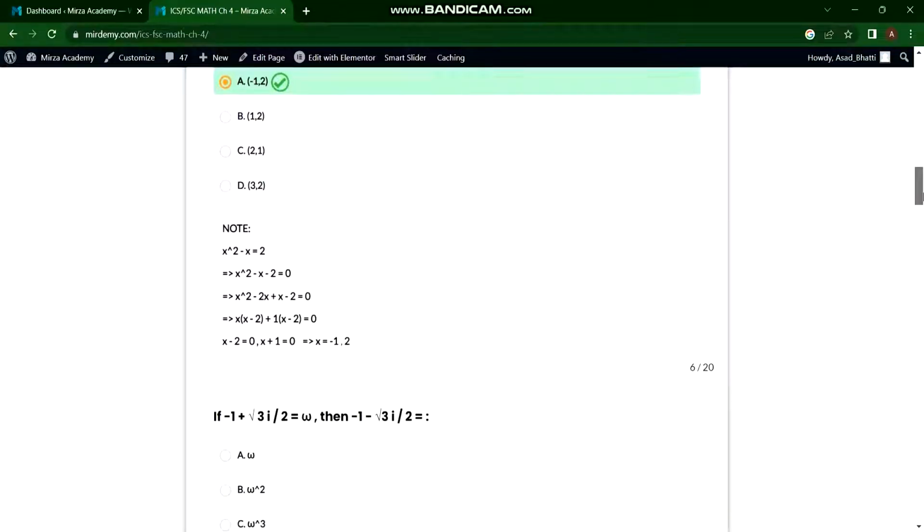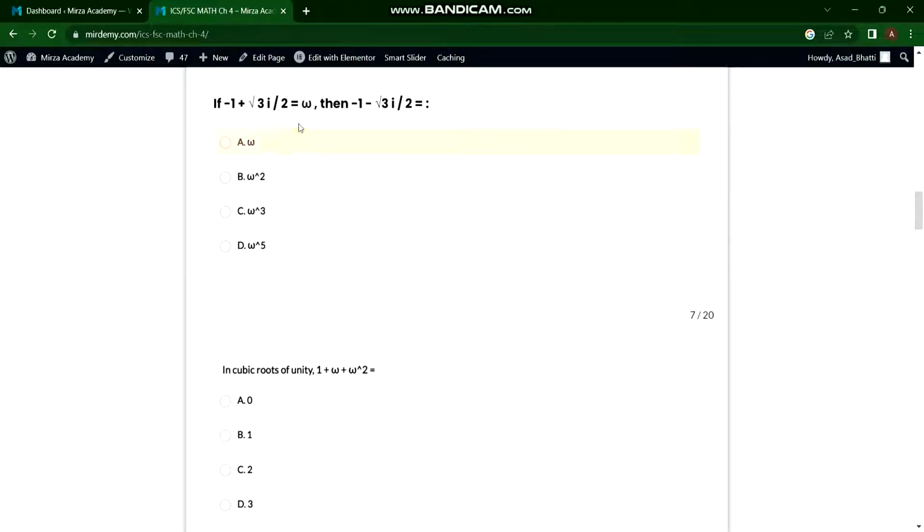So here is the next MCQ. If minus 1 plus square root of 3 iota over 2 is equal to omega, then what is minus 1 minus square root of 3 iota over 2? Very simple question.